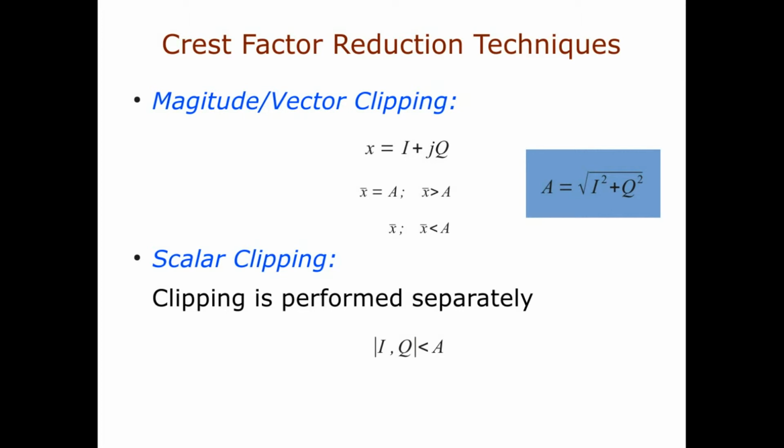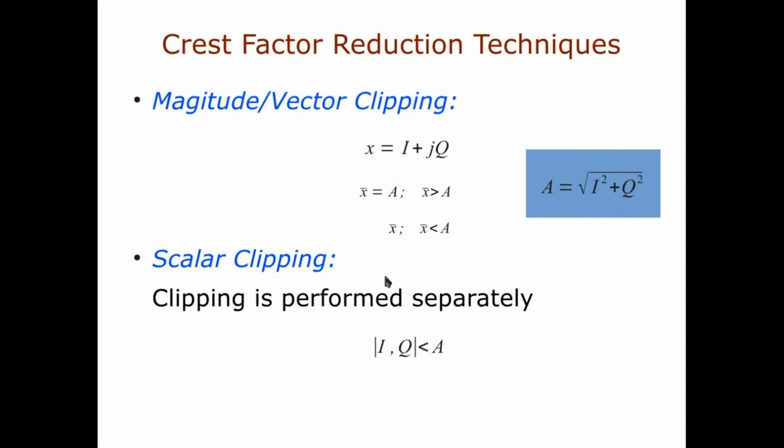So whenever the value of this x bar, which represents the magnitude of x, so please read this as x bar, it's not A, rises over A, which is the maximum amplitude, you limit that to A, and whenever it is less than A, you take the same amplitude. So essentially that is clipping.